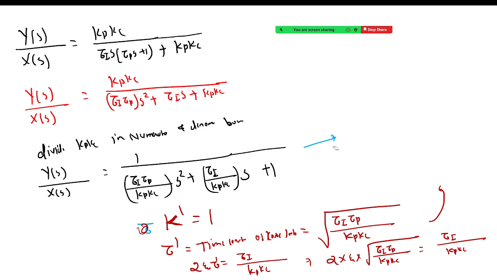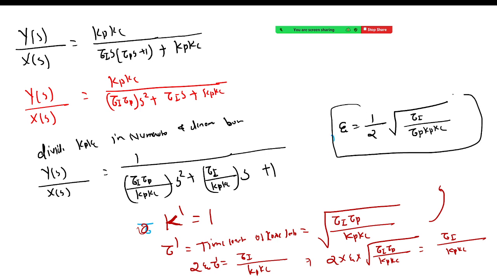Can you calculate? This is just simple mathematics now. I hope you people are getting it. The value of zeta is equal to 1 upon 2 root over tau I divided by tau p Kp Kc. So you will get the value of zeta like that.